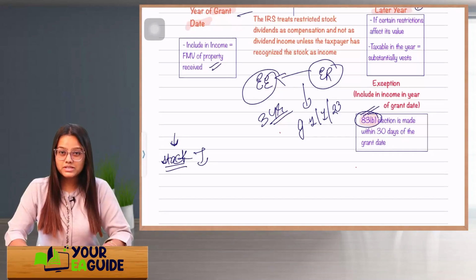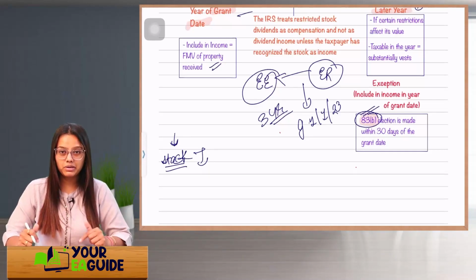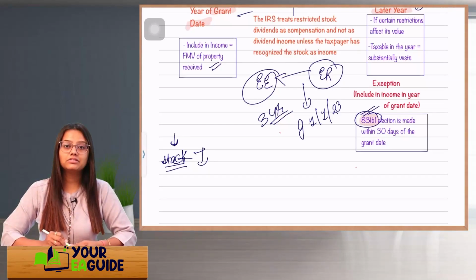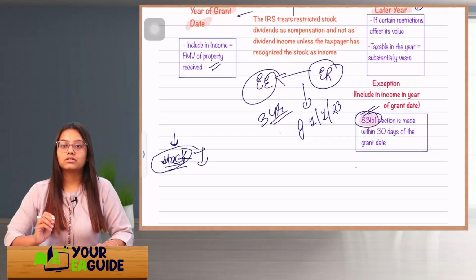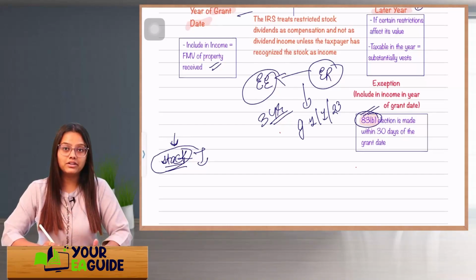Now you will say that since this is not my property yet, I should not include the dividend income in my income, right? Everyone will claim that. So the thing is, the IRS will treat this restricted stock as a compensation and not as a dividend income.